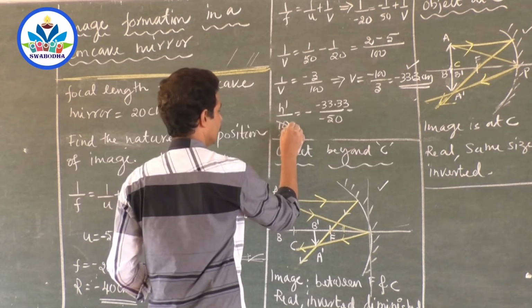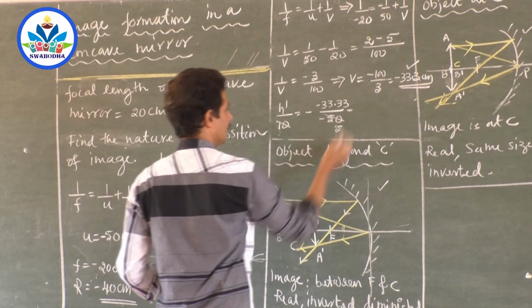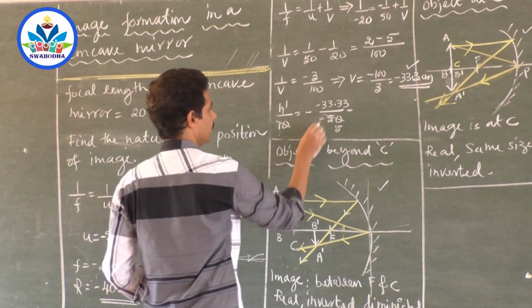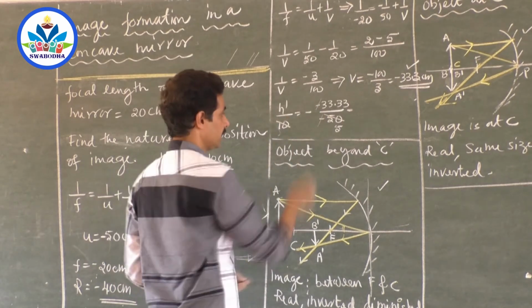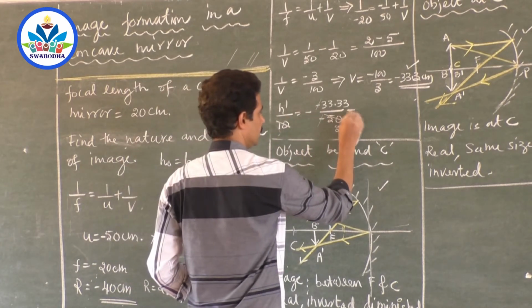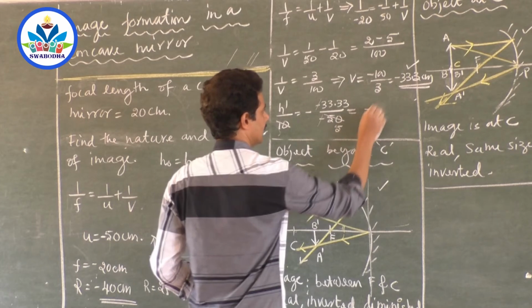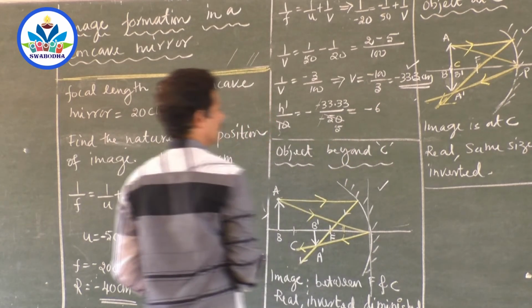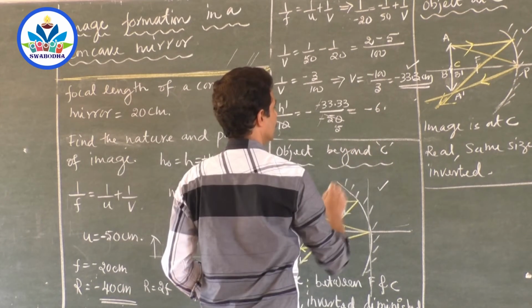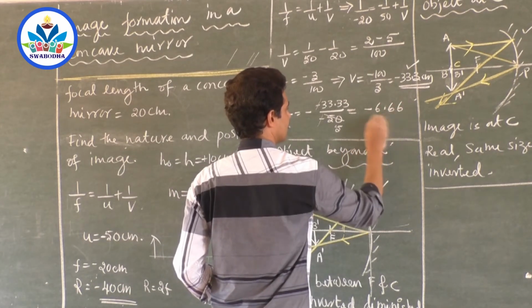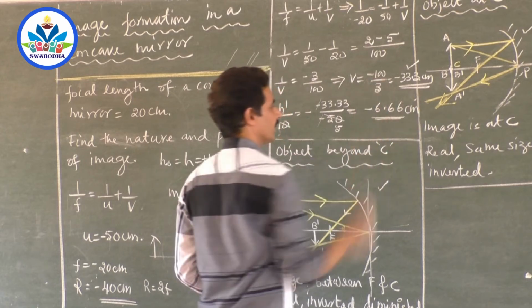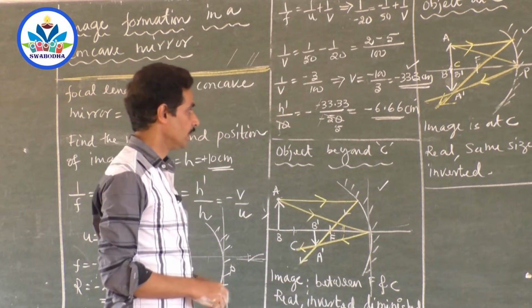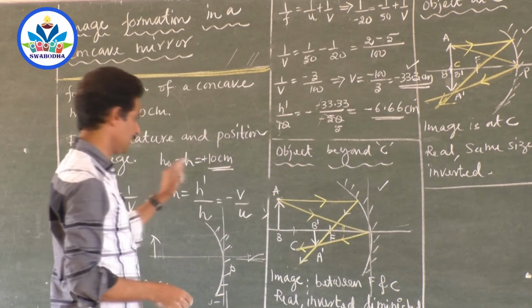This 10 will make this 5 times, and now we can divide. This minus will get cancelled with this minus, but one minus will remain. That is equal to minus 6.66 centimeters, which is lesser than 10 centimeters.